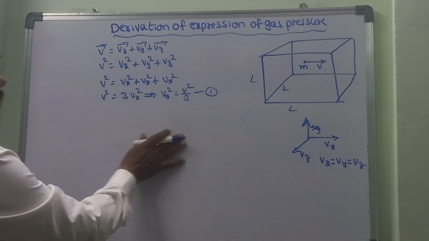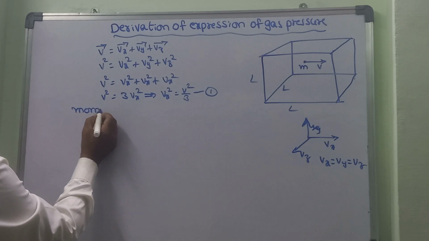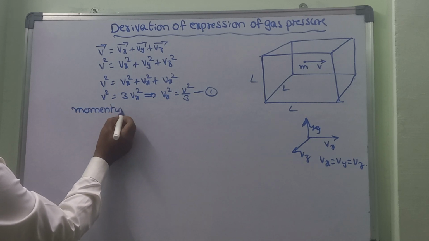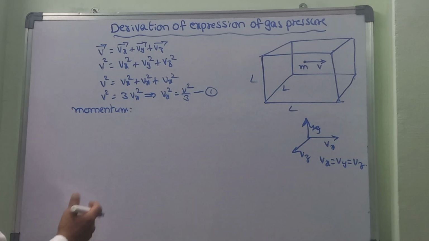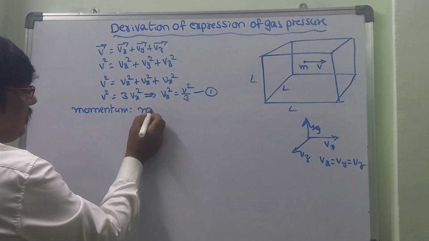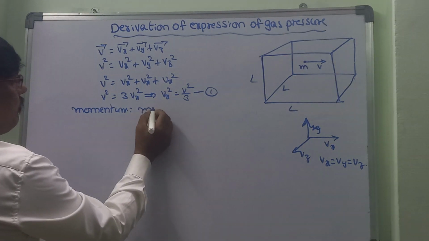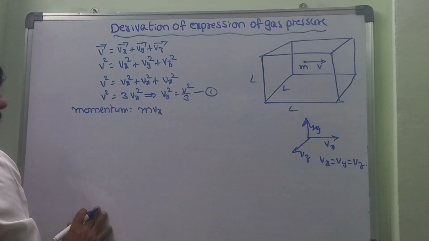Now, according to the definition, momentum is equal to mass into velocity. Here m is the mass of the particle; let us take one particle in one direction, so momentum is m Vx.